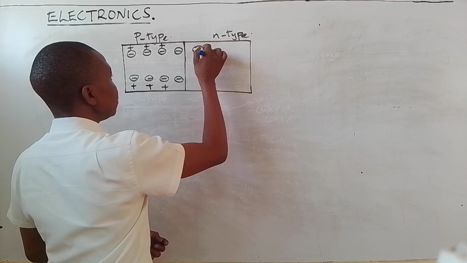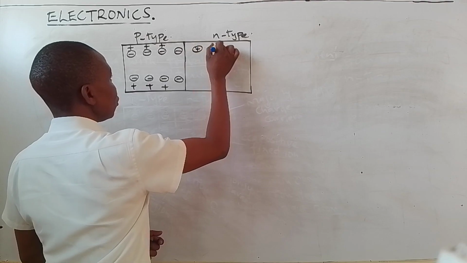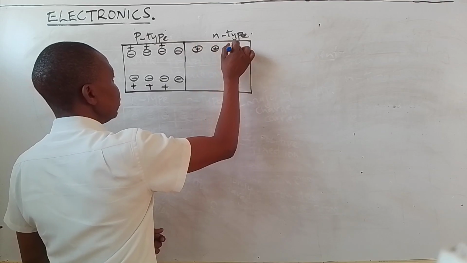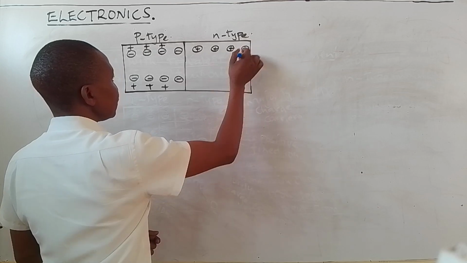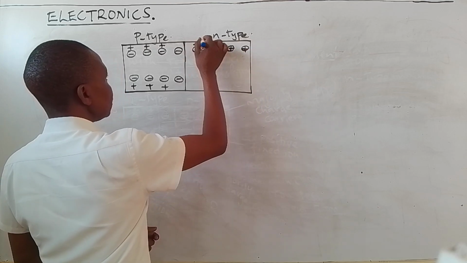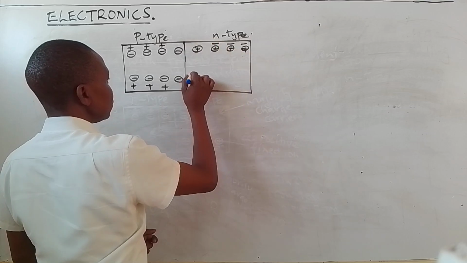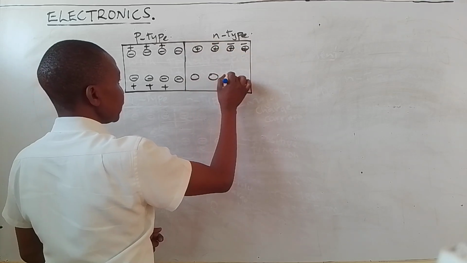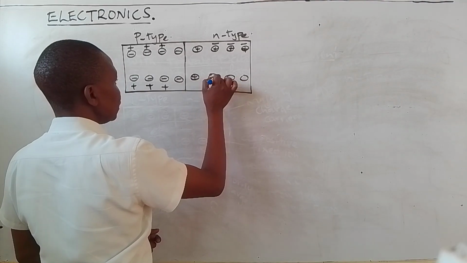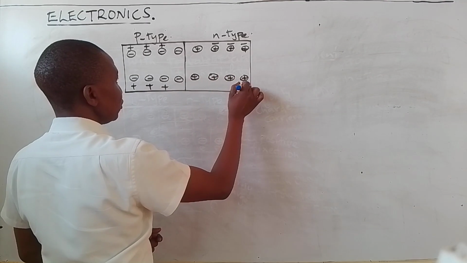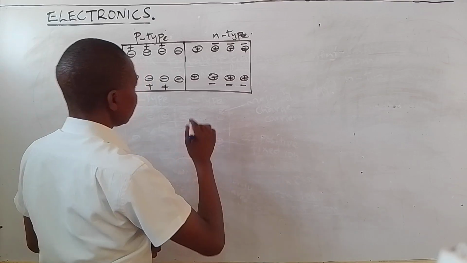Then in the n-type, it is the positive fixed ions. Every one with a negative covering charge. Then again, other ions here. Each of them is supposed to have a negative covering charge.